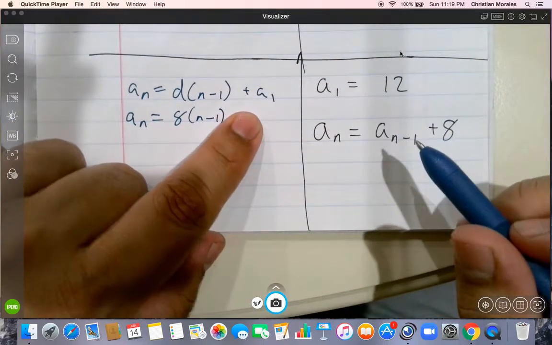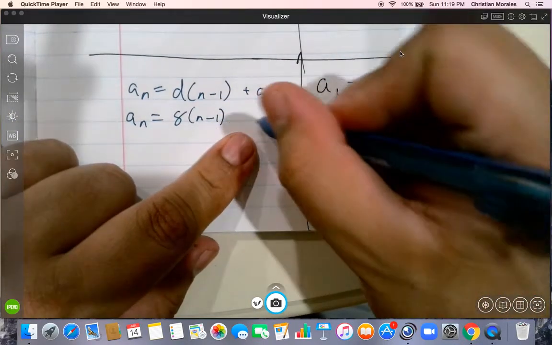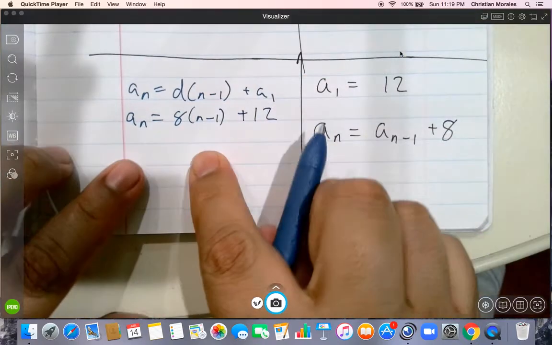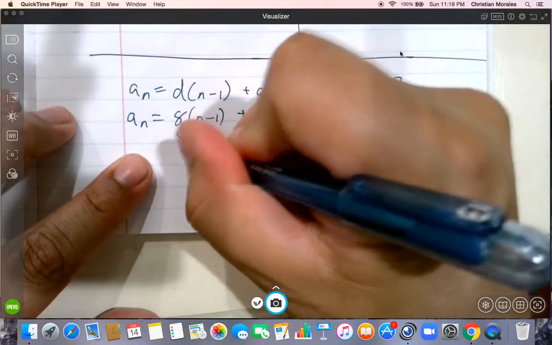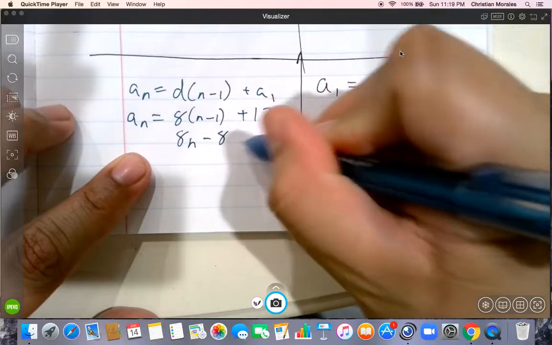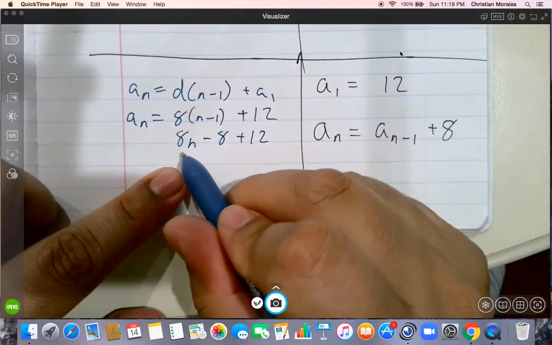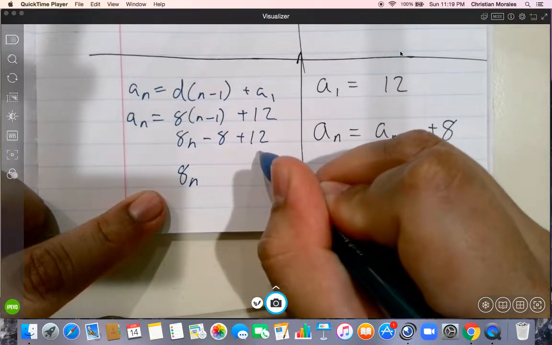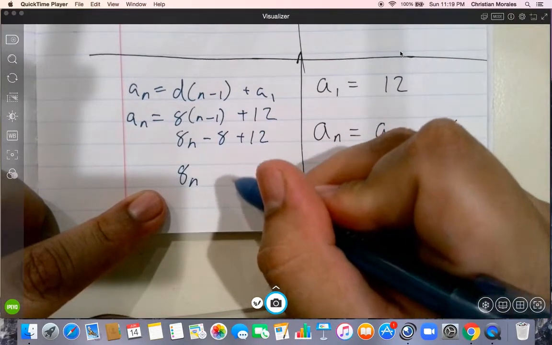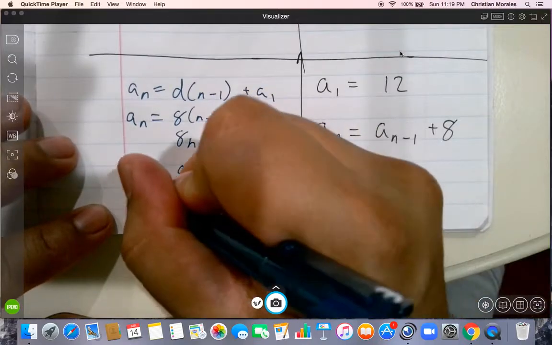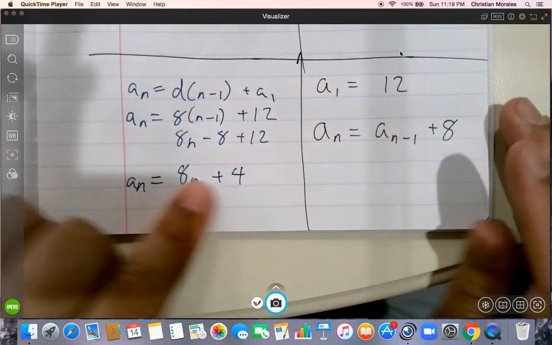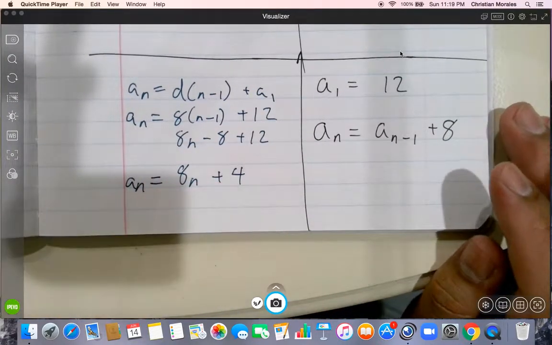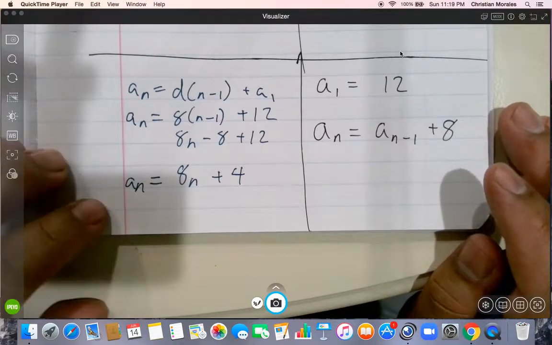But the explicit also wants A1. Well, they tell you what A1 is. All right, so we simplify it. We distribute. You're going to leave 8n alone. Negative 8 plus 12. It's going to be, I think, positive 4. And there you go. There is your explicit formula.